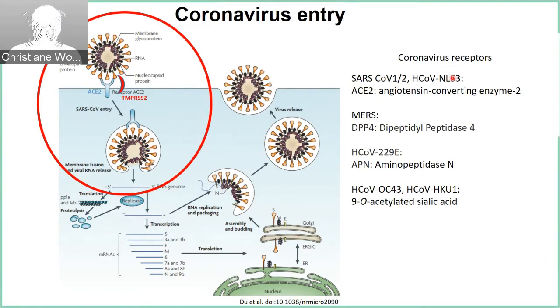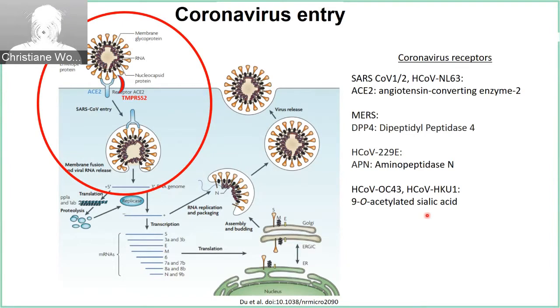SARS-1 and 2, as well as NL63, use ACE2, the angiotensin converting enzyme 2. MERS uses dipeptidyl peptidase 4. 229E uses aminopeptidase N, and then OC43 and HKU1 use a modified sialic acid to bind to the cell surface.